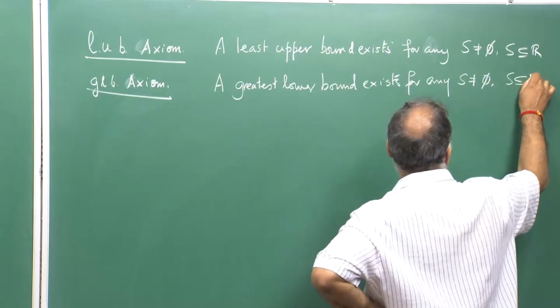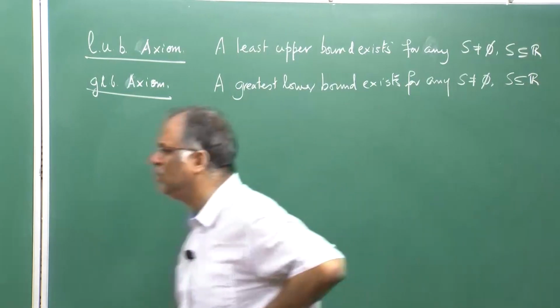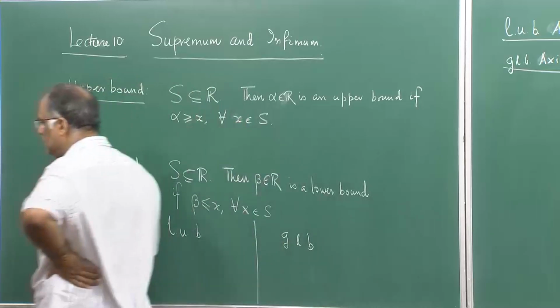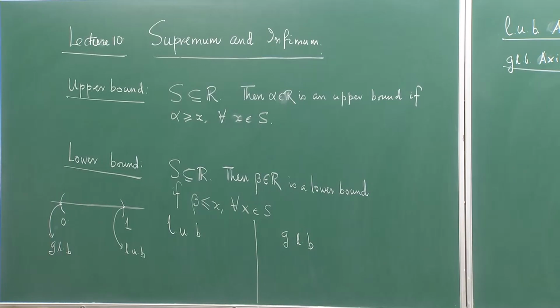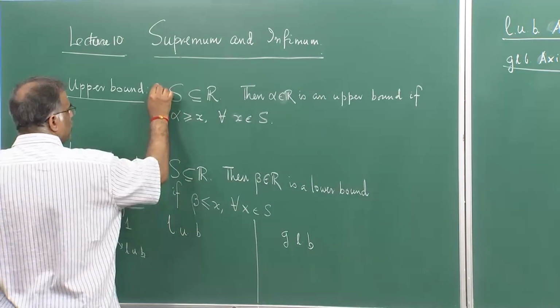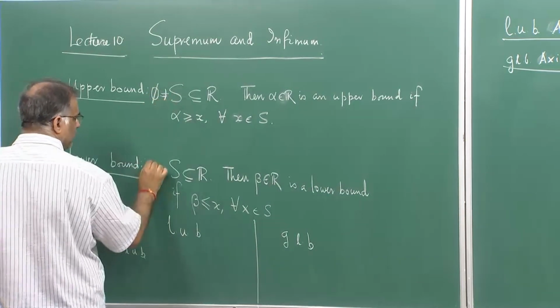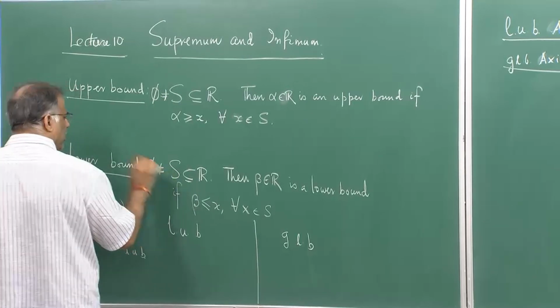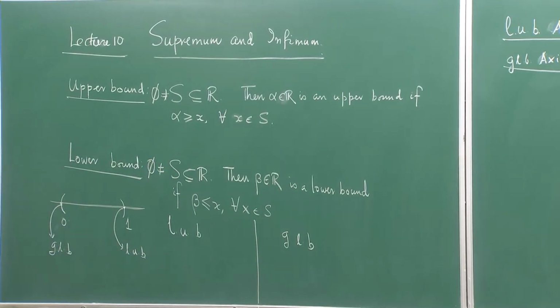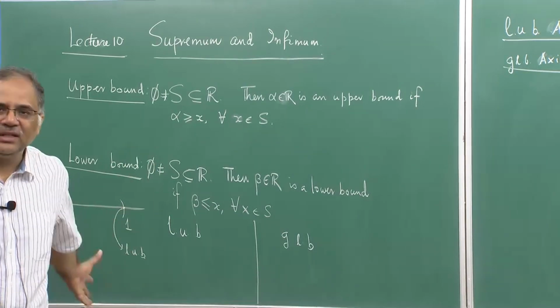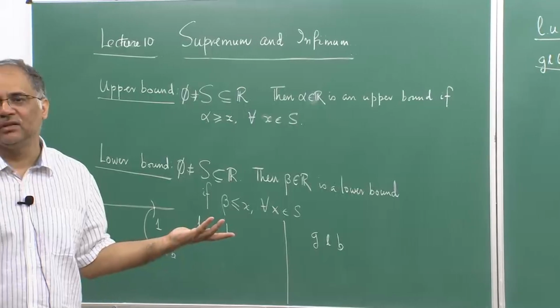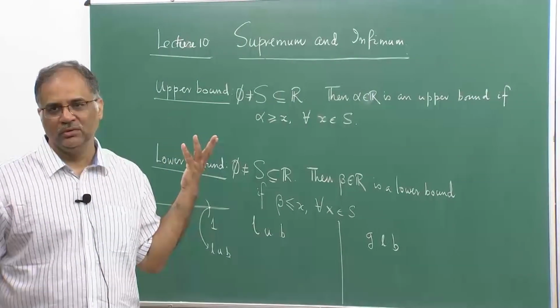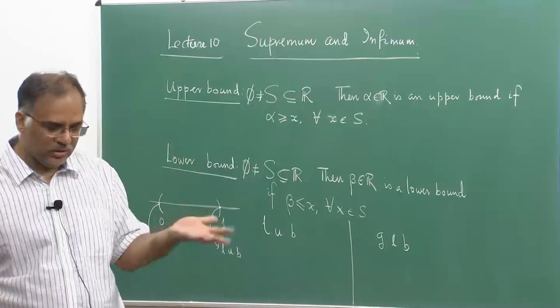Obviously, whenever I was discussing upper bound and lower bound, because I mentioned x element of S, I was in hindsight assuming that this set must be non-empty. Otherwise, if you take the empty set, this is called vacuous reasoning in mathematical logic: because there is no element, I can say that every number in the real line is an upper bound and every number is a lower bound.